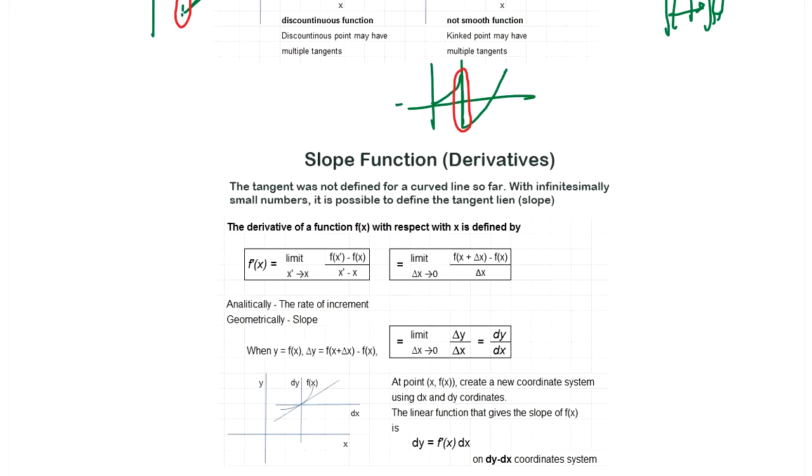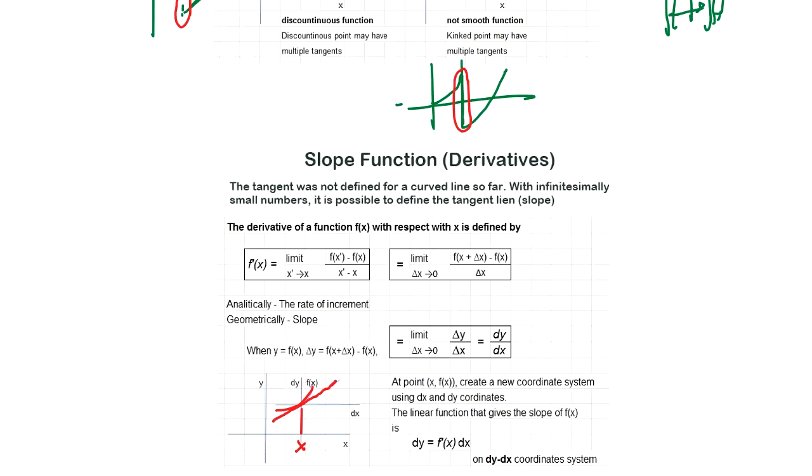So derivatives is like, okay, suppose the function is the curve. Then here's x. What is the slope at the x? We need to find this line.